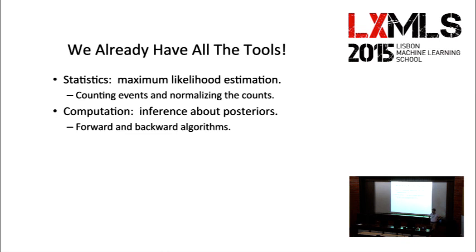And in that case, for HMMs, it's forward and backward algorithms. What we're going to see is that we can put together counting and normalizing and forward and backward to get a really nice way to estimate the parameters even when we don't see the states. And because I gave you a visual notation for this, I can show you in one slide what it's going to look like. There's going to be some blue and some red.